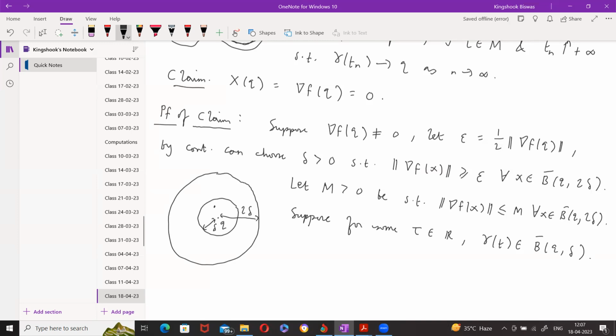Then note, what is the speed of gamma? So, the norm of gamma prime t. Since it's a gradient vector field, gamma prime t is just grad f at gamma t.